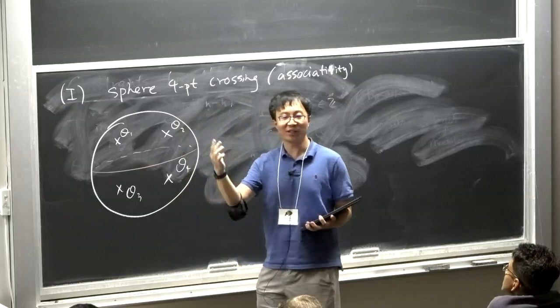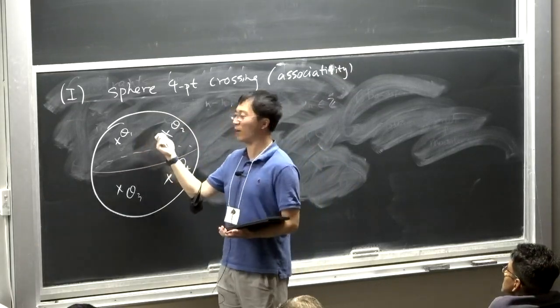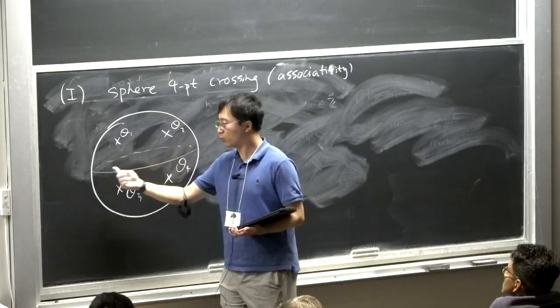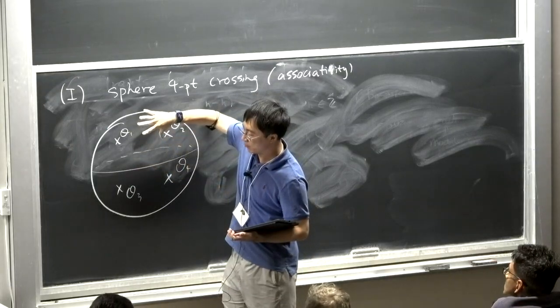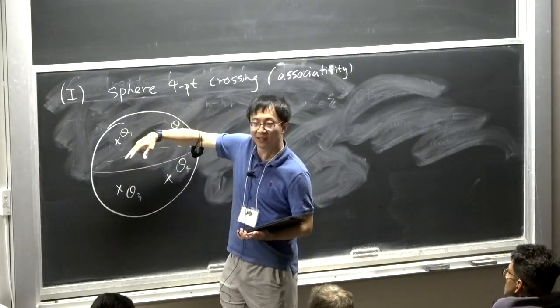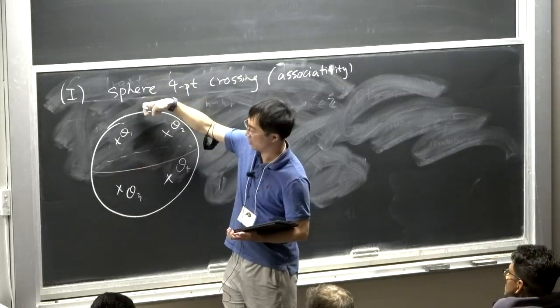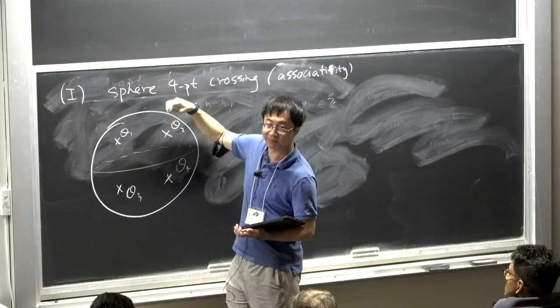Once you understand the language, of course you don't need to draw the circle anymore. You just need to do the OPE of O1 and O2. But the proper way to think about it axiomatically is you do quantization along this circle. These two operators inserted in this upper hemisphere create a state on this circle, and you can expand that state into primary operators at the top. And that implements this convergent OPE.